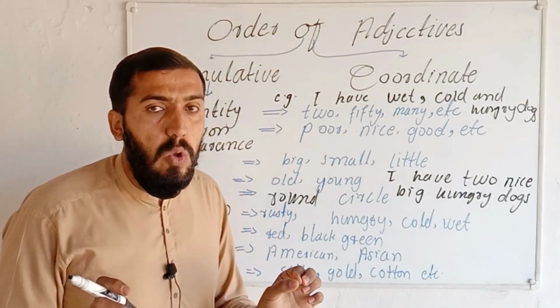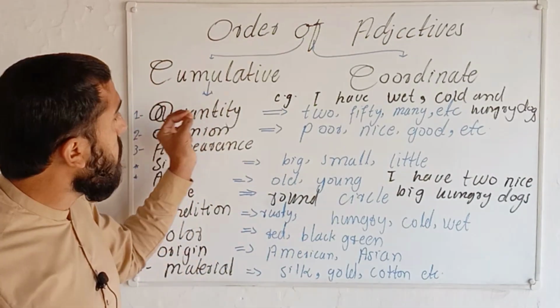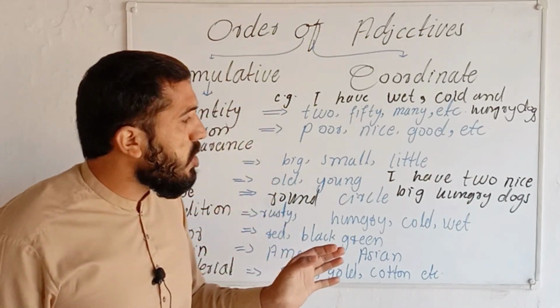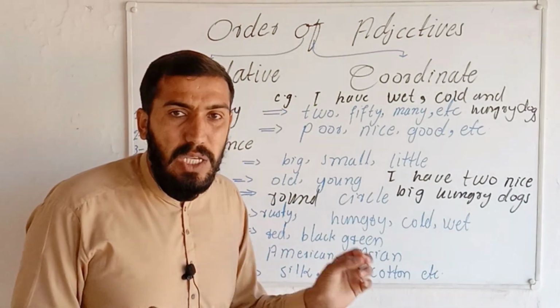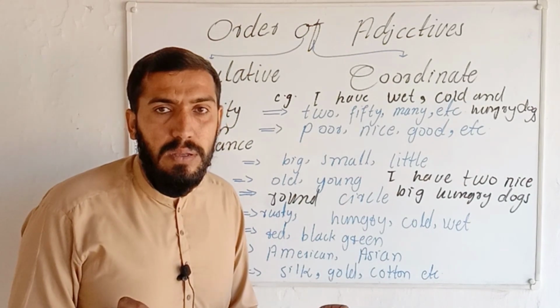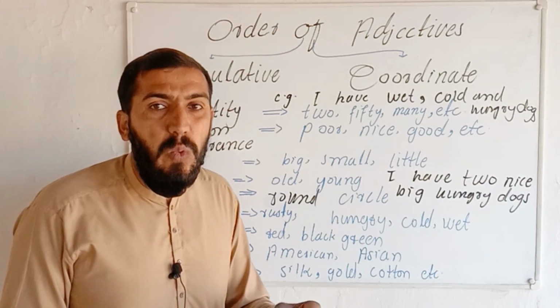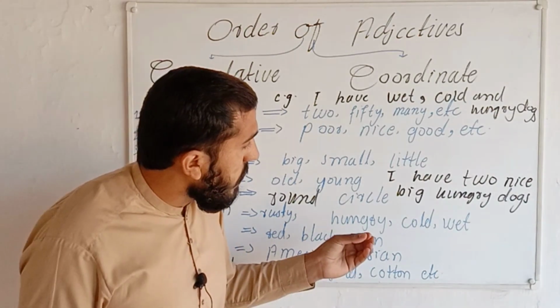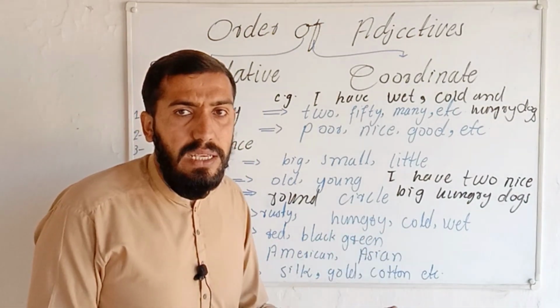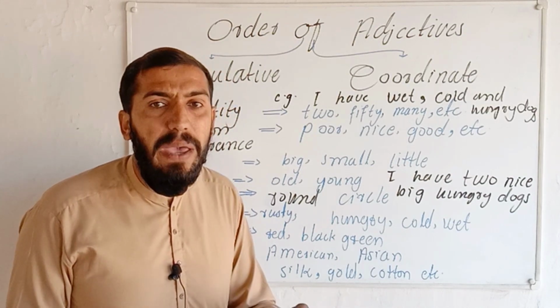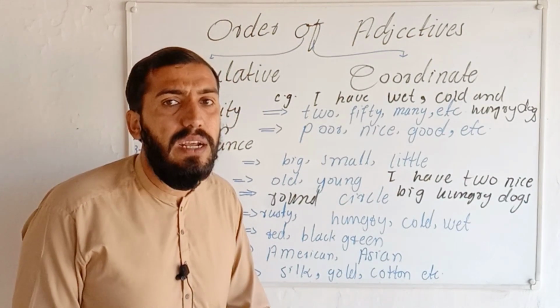Keep in mind, when you want to use cumulative adjectives, try not to put too many adjectives before a noun, because it is going to weaken your idea or your sentence, and it may create confusion for the reader.